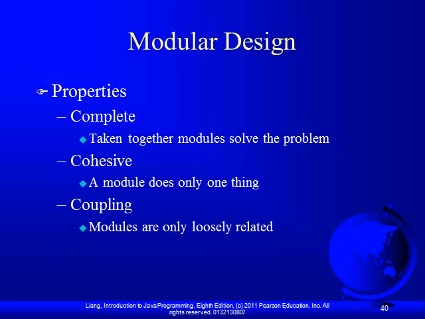Cohesiveness is a very important concept in that each module must perform one and only one task. And coupling says that the modules, the methods that are used, do not depend on how the other modules have been implemented. They're only related through the data that is passed back and forth.